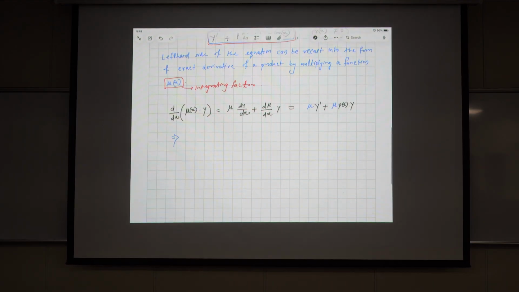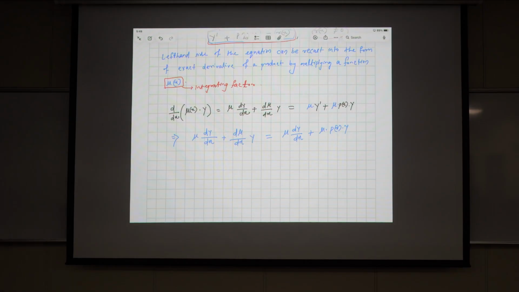That means I can rewrite this as mu dy by dx plus d mu by dx y is equal to mu dy by dx plus mu p x y.